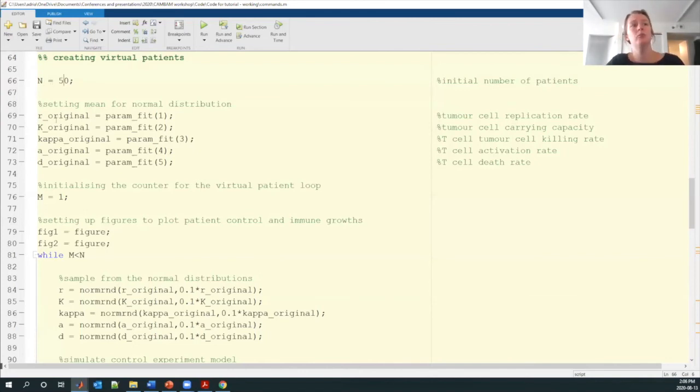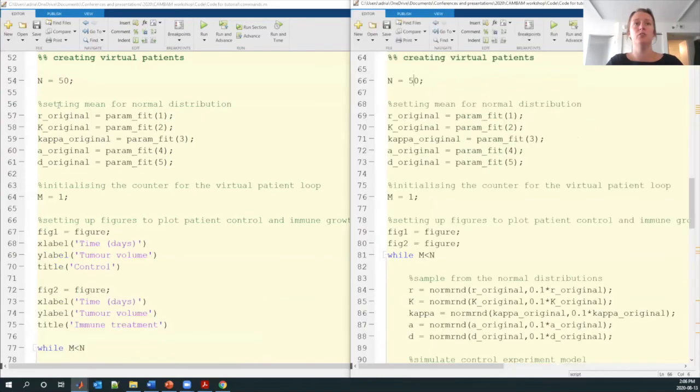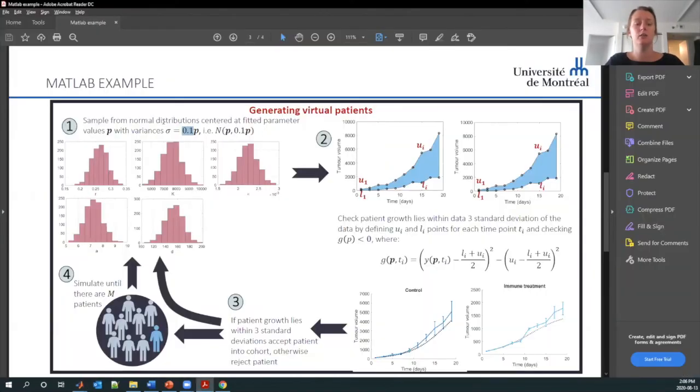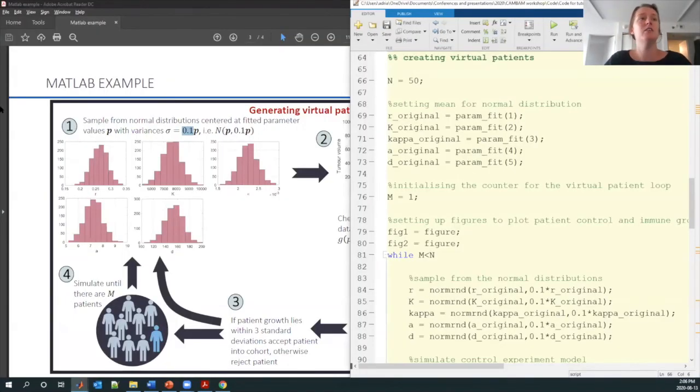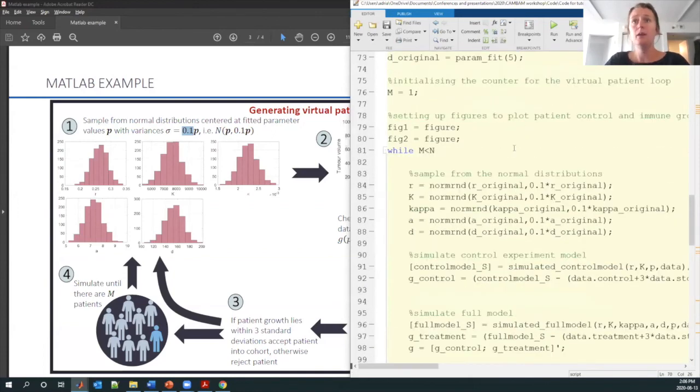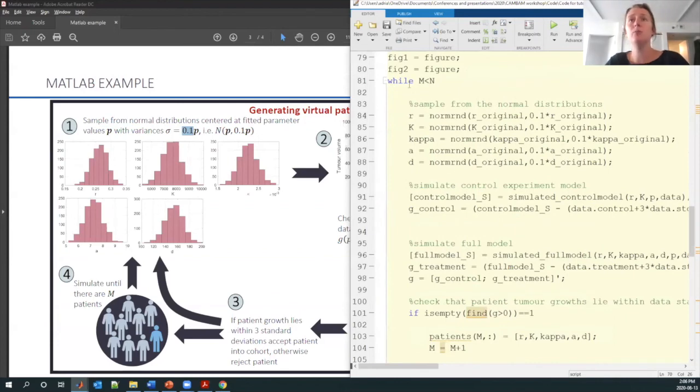Then I'm going to create these normal distributions, where the mean is the fitted parameter value. I'm just going to say R original or K original to mean the mean of these normal distributions, and they're going to be those parameter values we obtained in the fit. Then we're going to sample, so we're going to try and create N patients.